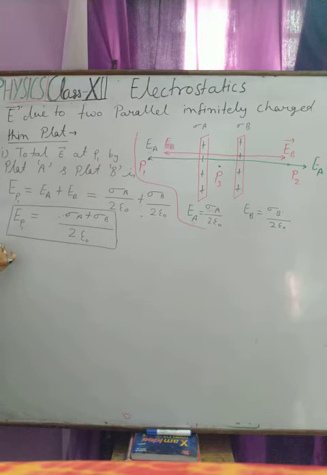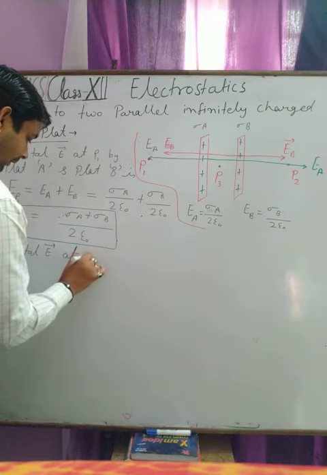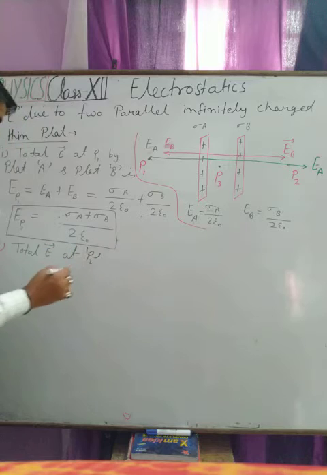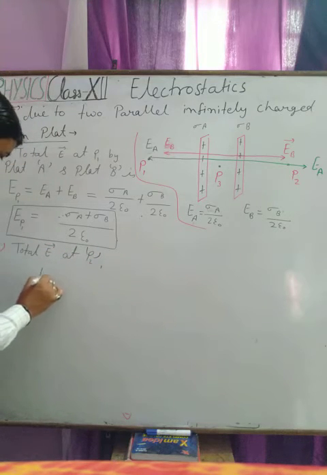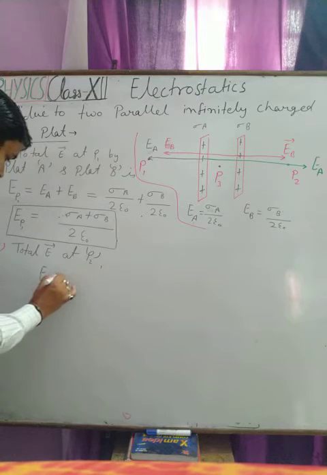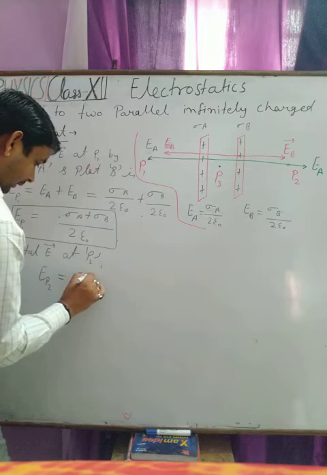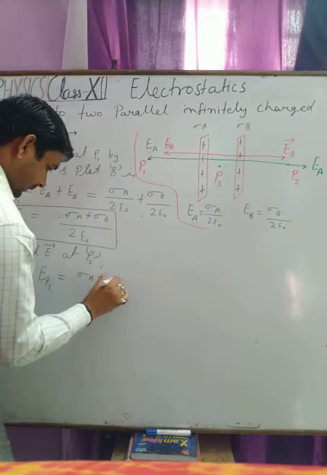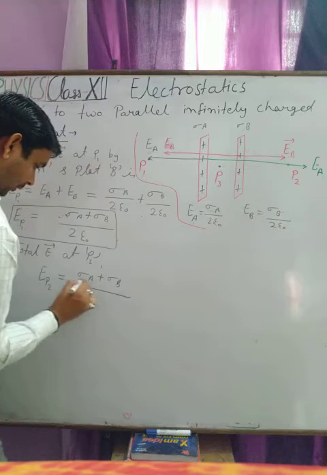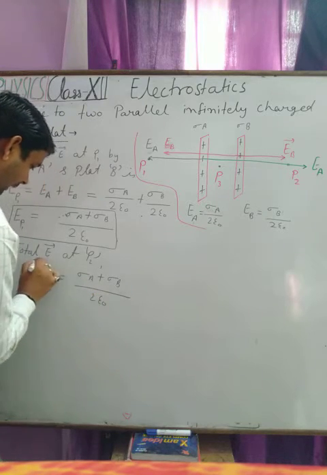Now, the second case: the total electric field at P2 is E_P2 equal to sigma A plus sigma B upon 2 epsilon naught. Again the same.